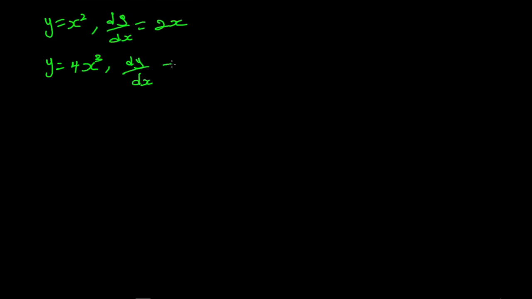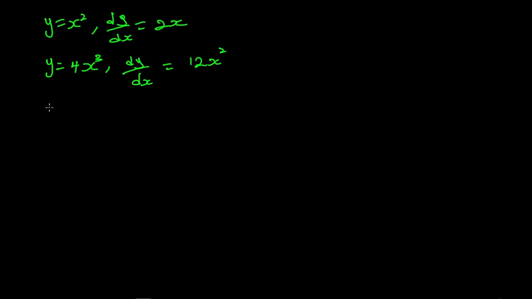If we consider a few of our examples, in the first example we have y equal to x squared, and the derivative of our function was gotten to be 2x. In the second example, we have y equal to 4x cubed, and the derivative of our function was 12x squared.